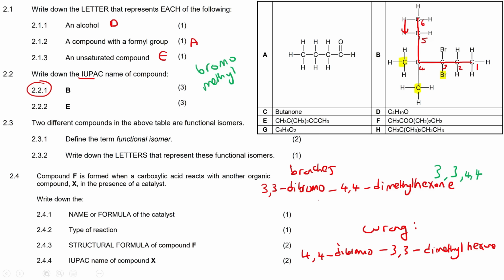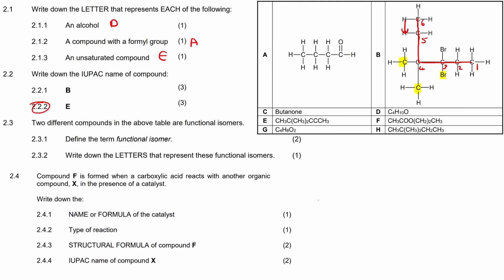And what we said was that when you have an absolute tiebreaker where you have 3, 3, 4, 4 and 3, 3, 4, 4 for the other one as well, then you want to give the smallest numbers to the alphabetical one that comes first. Okay, which is something we don't see very often at all. In fact, I don't think I've seen a question where they've asked it like that before.